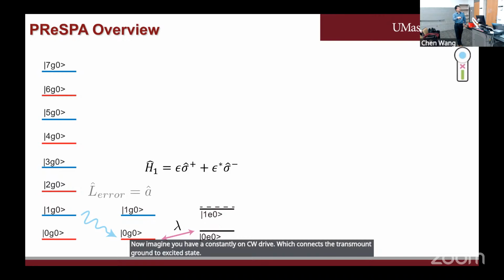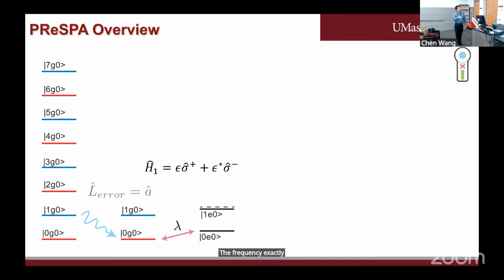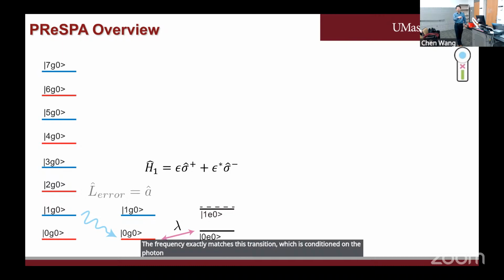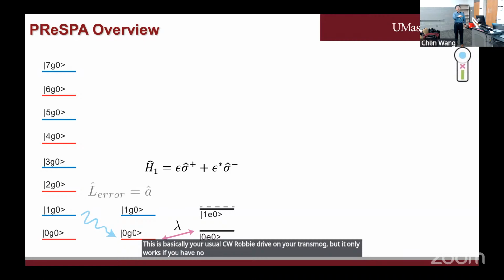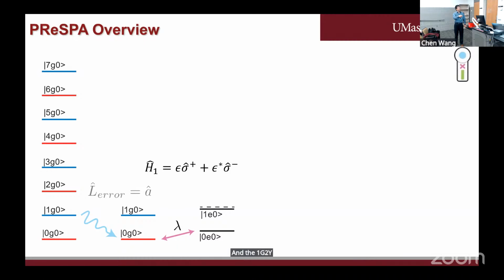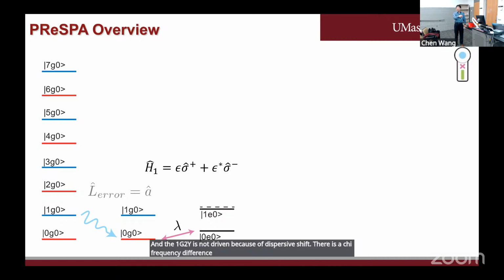The frequency exactly matches this transition, which is conditioned on the photon number being 0 in the storage mode. This is basically your usual CW Rabi drive on your transmon, but it only works if you have no photon in the storage mode. And the 1G to 1E transition is not driven because of the dispersive shift. There is a chi frequency difference for this transition versus this transition.